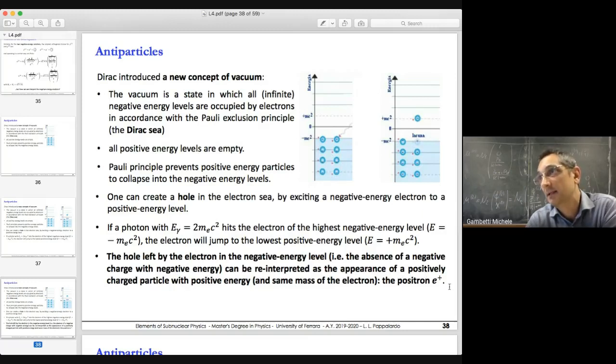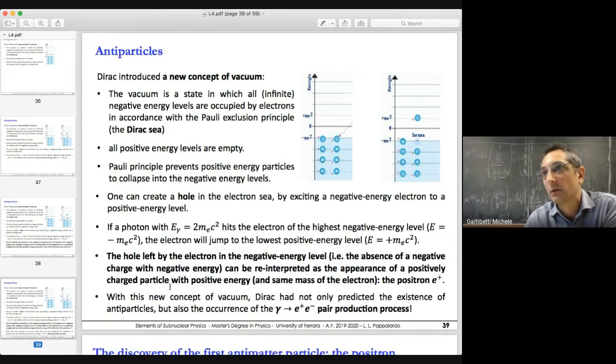If you make this hypothesis, because at this moment it is only a hypothesis, then you can interpret your negative energy solutions, not anymore as negative energy solutions, but as positive energy solutions for the corresponding antiparticle. So with this new concept of vacuum, Dirac had predicted not only the existence of antiparticles, but also of photon into gamma pair production, which was of course discovered later on.